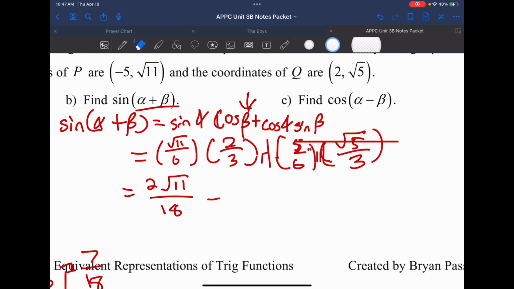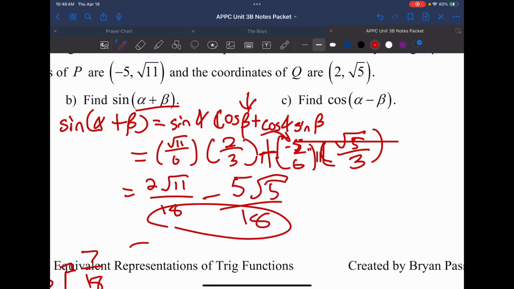See, it just drew a random line here. 5 times the square root of 5, oh, it was negative, sorry, plus a negative, so I'm just going to rewrite this as minus. That's why I had it as minus. Sorry, my pen got me really distracted. 5 square root of 5 over 18. Because these are already common denominators, you can just rewrite them. And that's as simple as you can get with that one.